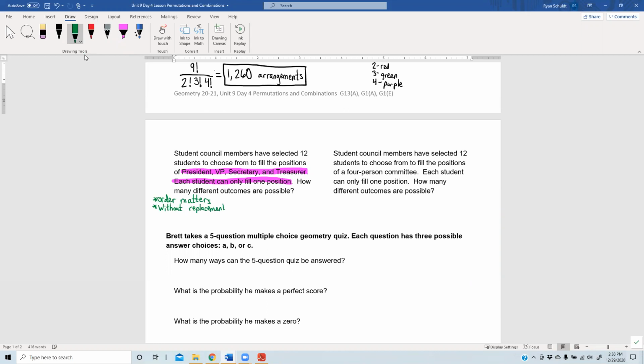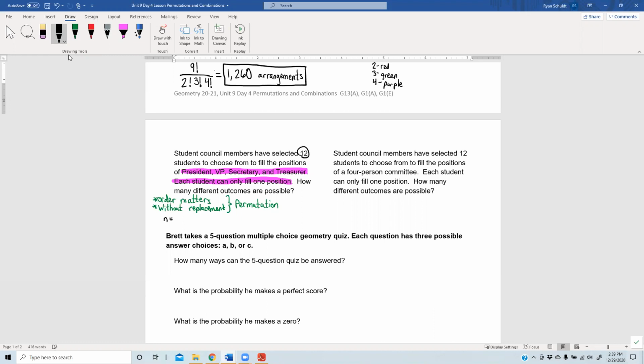So if order matters and we do it without replacement, this becomes a permutation. Okay, well, we know what it is. So let's see, how many are we picking from? What's our N?